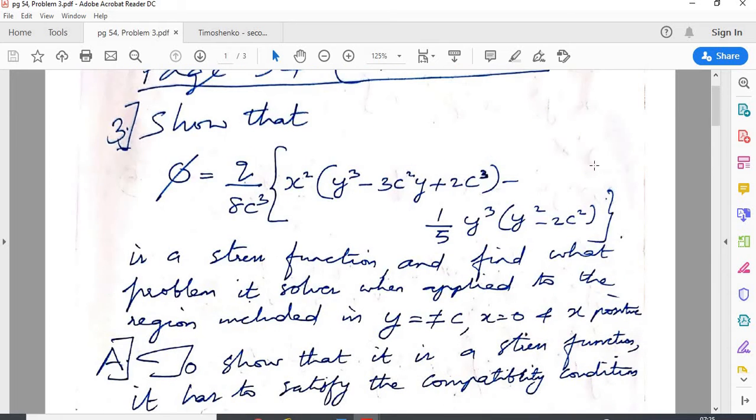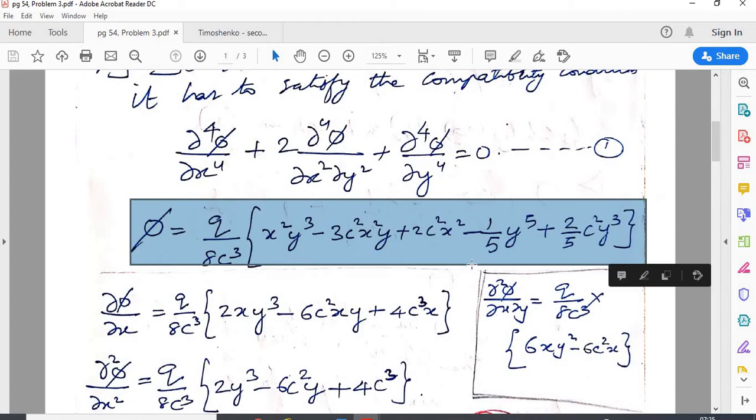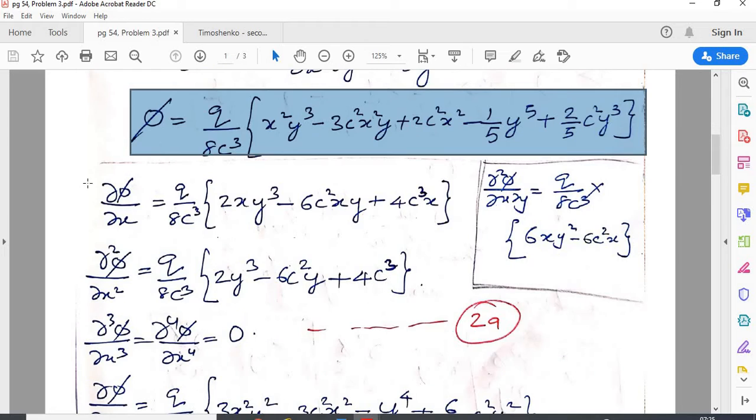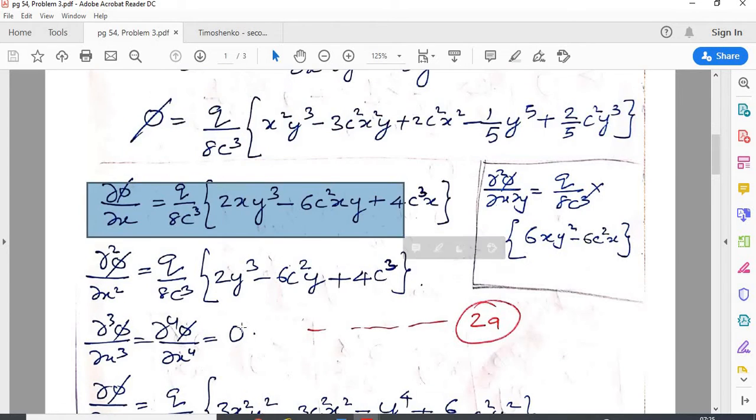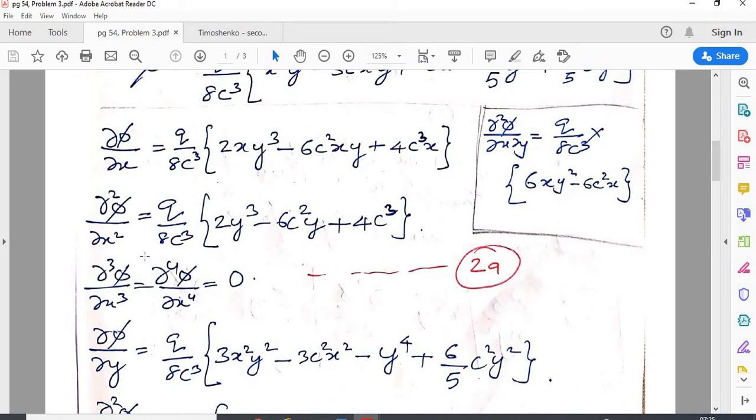So you expand the bracket and then you take first derivatives with respect to x. The fourth derivative with respect to x will come out to be 0.